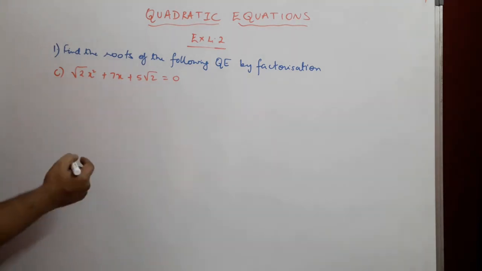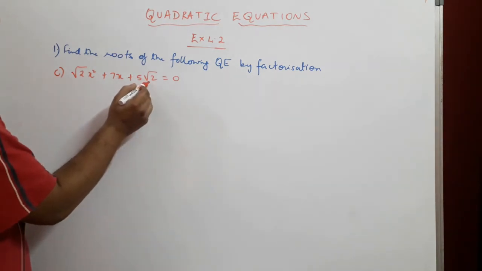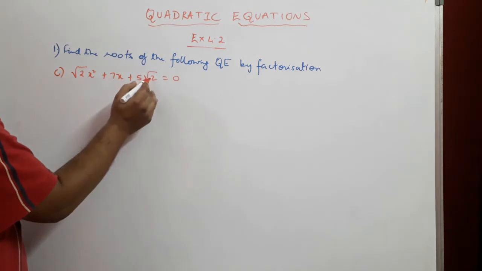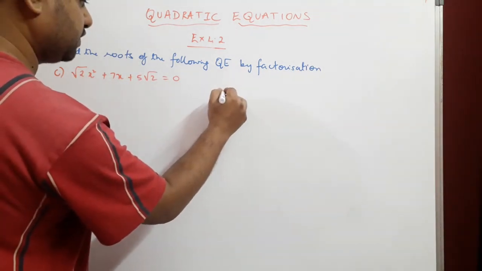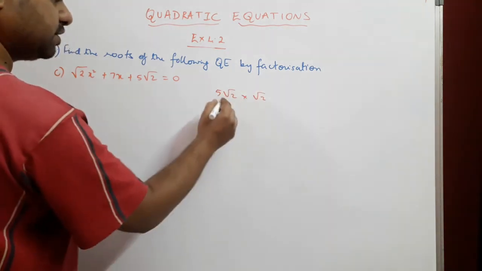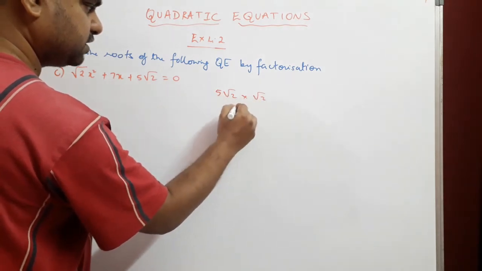So over here, once again, I'll show you how to do it. So as we have learned before, in splitting the middle term, we need to multiply the first term and the last term. So if we multiply the first term and last term, this is what we get, 5 root 2 into root 2. That should give us, root 2 into root 2 gives us 2. 2 into 5 is 10.